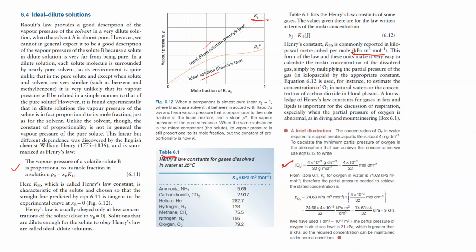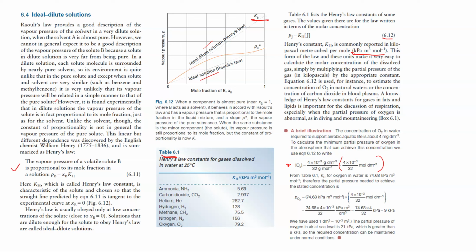The partial pressure of oxygen is going to equal K sub H of oxygen, times the concentration of oxygen, where the concentration of oxygen is going to equal the amount of oxygen at 4 times 10 to the minus third grams per decimeter cubed divided by 32 grams per mole for O2, which gives us the following term, which we can substitute into 6.12.